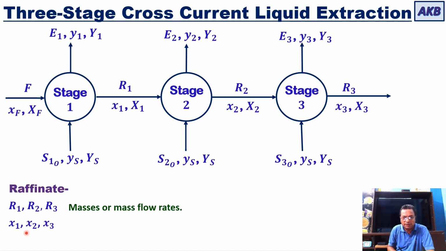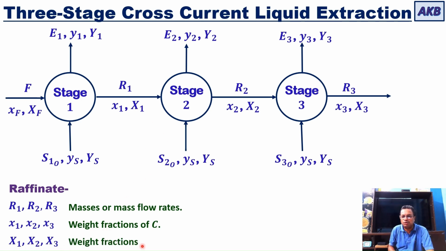Small x1, small x2 and small x3 are weight fractions of C in respective raffinate phases, whereas capital X1, capital X2 and capital X3 are weight fractions of C on a C-free basis in the respective raffinate phases.